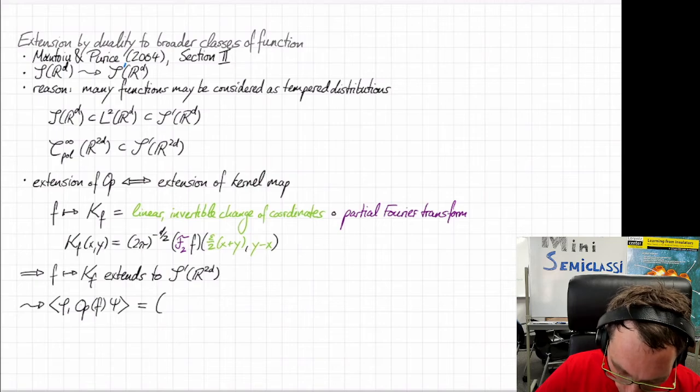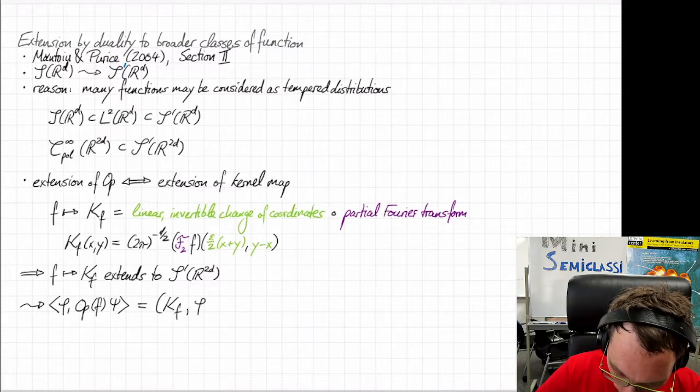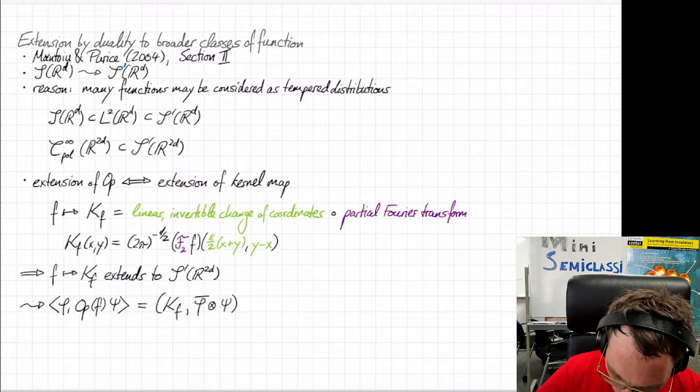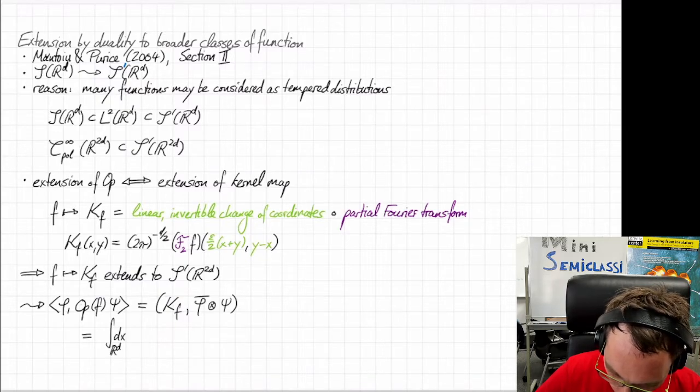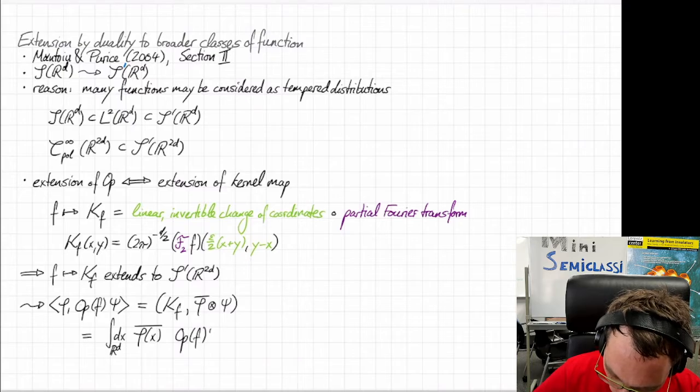But in the end, what you get is the duality bracket of K_f with phi complex conjugate tensor psi. And the reason is simple. If you write this out, then this is the integral over x of phi of x complex conjugate, op f applied to psi evaluated at x.